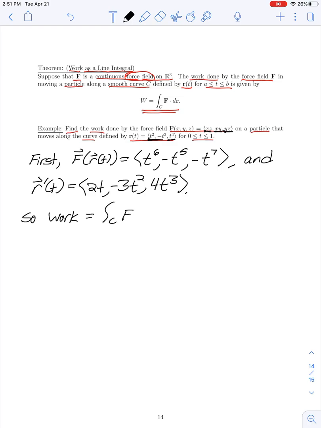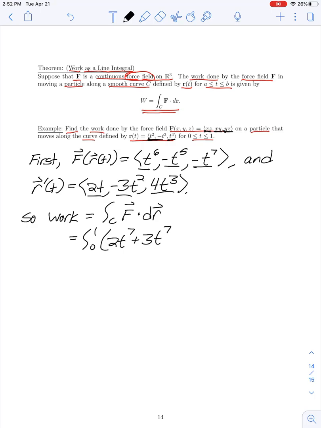The work is found by taking the line integral of this force field over the curve C. And to evaluate this, we set up the integral over our parameter interval from 0 to 1 of the dot product of F with dr. So multiplying the first two components, t to the sixth times 2t, gives us 2t to the seventh, plus negative t to the fifth times negative 3t squared, gives us a positive 3t to the seventh.